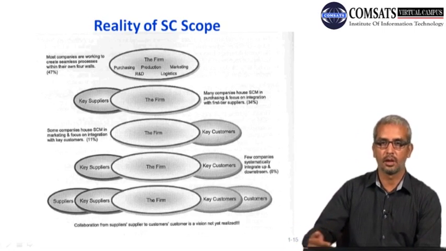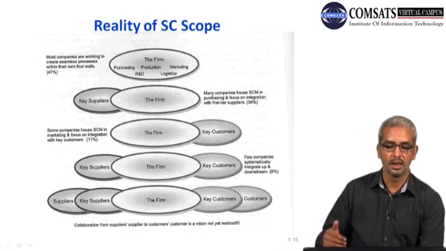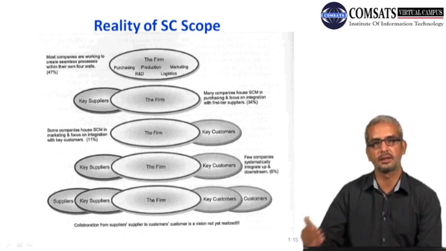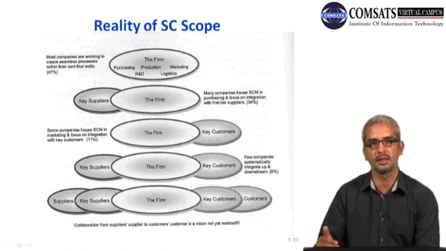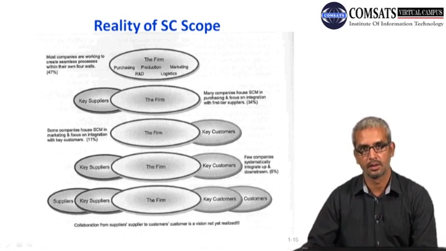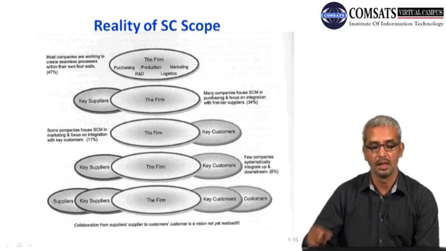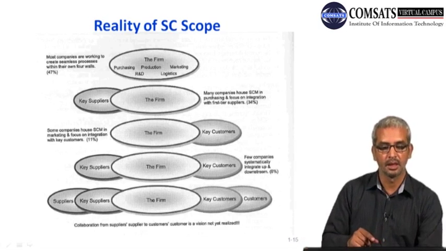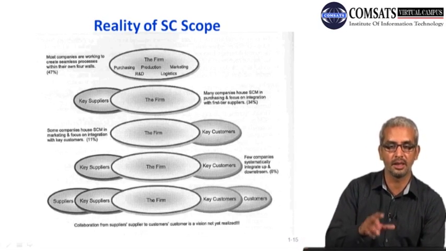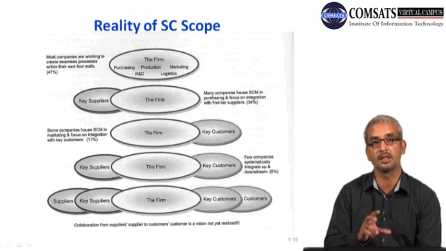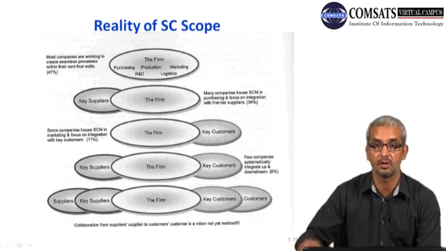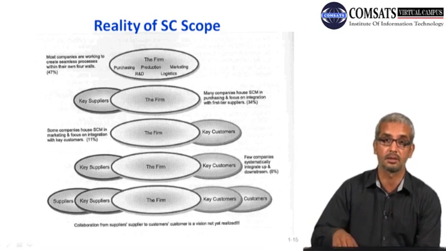Then one box further down you would see that the firm is establishing relationships with its key customers, only the primary customer, the first tier customer. 11% of companies are trying to focus on and integrate marketing with key customers, the first customer, not the customer's customer, but the customer.